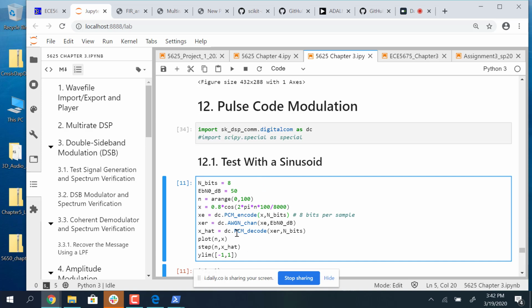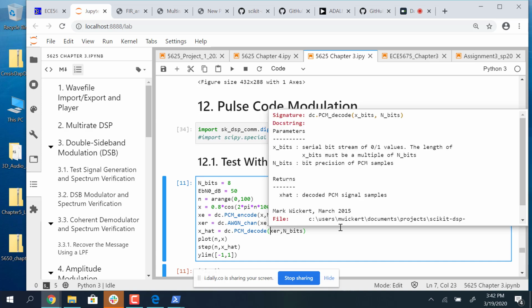It's like an A to D converter that produces a serial output stream, and then PCM decode does the opposite of that. You give it the serial bit stream, and then you tell it how many bits correspond to each sample, and it assumes that when you're giving it this input, an array of just bits, zeros and ones, the first n bits correspond to the first sample, the next n bits correspond to the second.